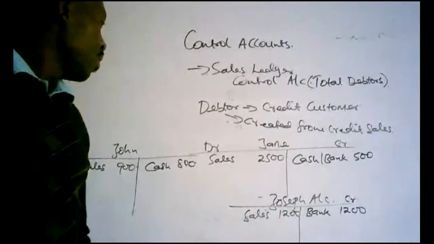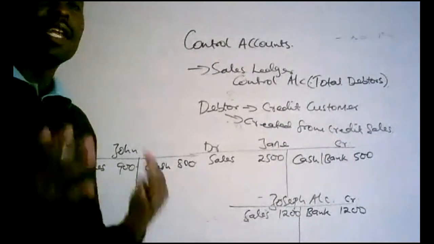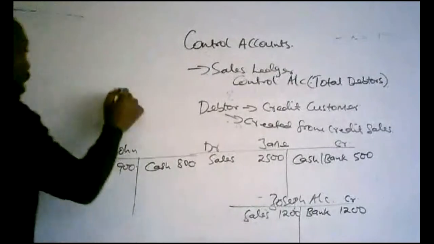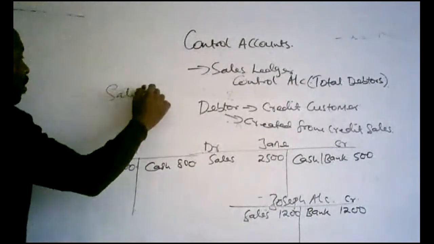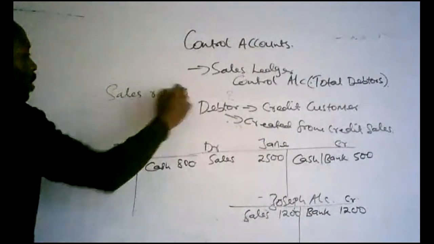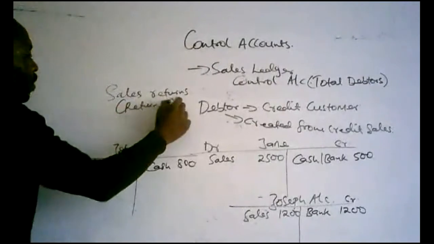Sometimes also these customers might return goods back to the business. Those goods that are returned back to the business are known as the sales returns. We can experience what we call the sales returns, also known as return inwards.